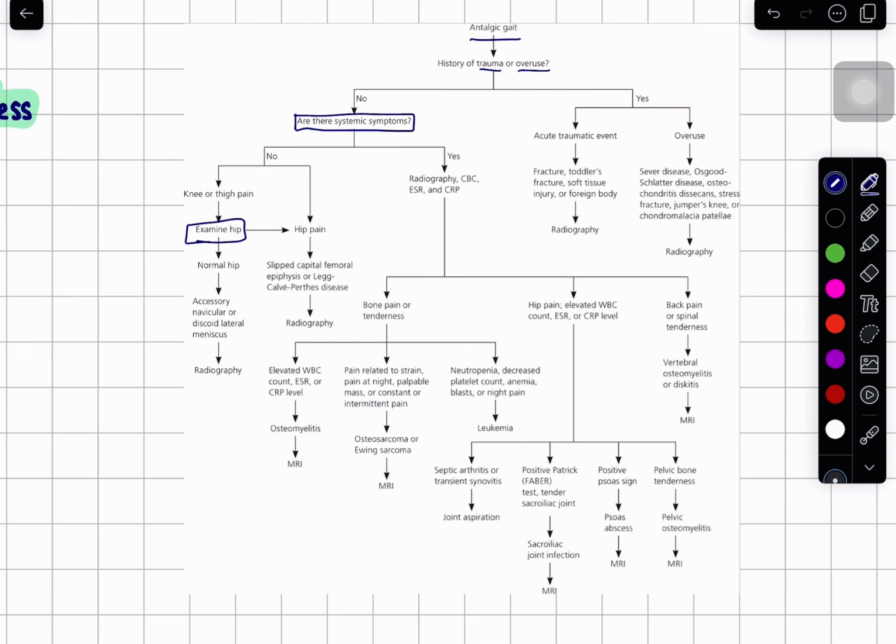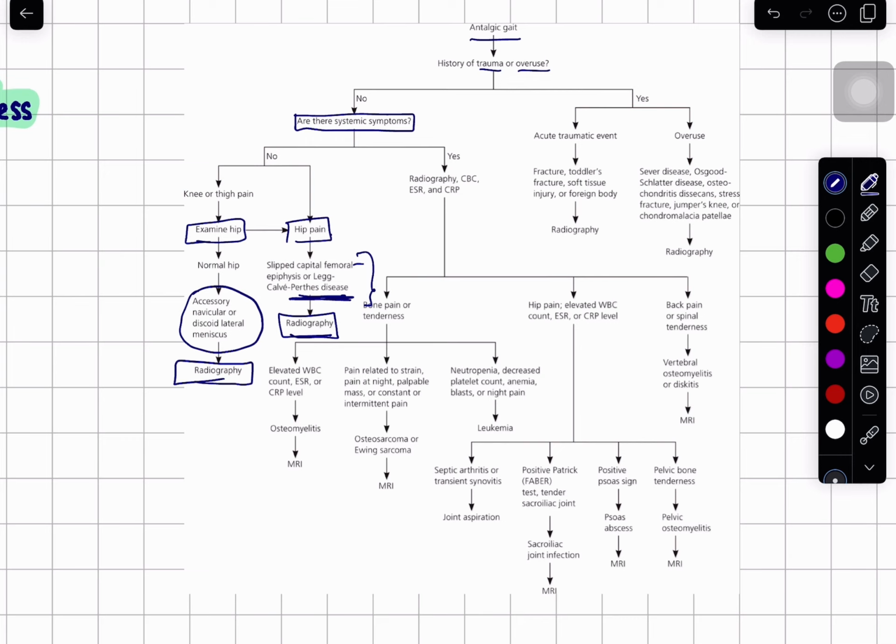Examine the hip, as it can be referred pain. If there is hip pain, then it can be slipped capital femoral epiphysis or Perthes disease. With a normal hip, there can be acetabular or discoid lateral meniscus problem, so that's why we do radiography. And if it's hip pain with Perthes and slipped capital femoral epiphysis, here also we can do radiography. Then that's it for this part.